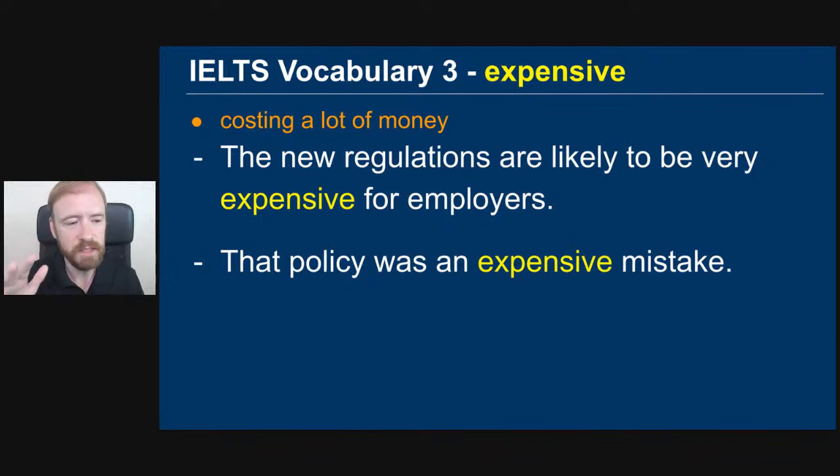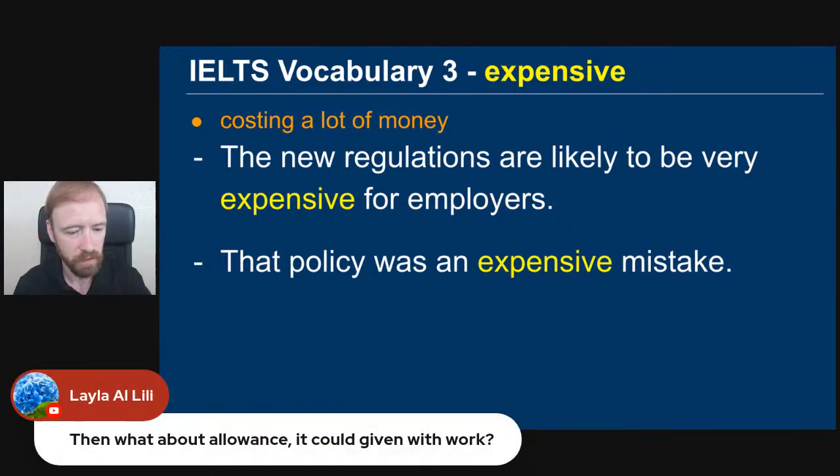And the reason I brought up expensive, because actually I want to focus on the opposite word of expensive. What is the opposite word of expensive? That's the question, chat. What's the opposite word of expensive? Then what about allowance? Okay, good question. Allowance is usually, it can be from the government.